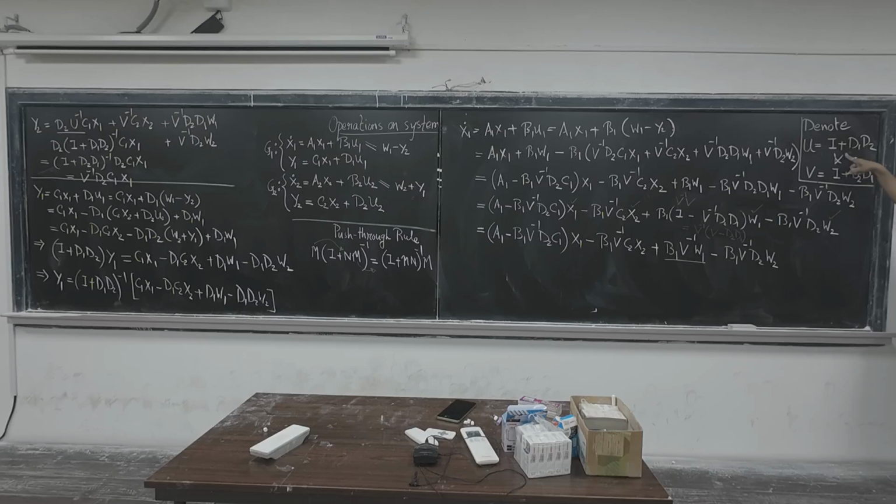So of course d1 d2 and d2 d1 must be square, because the identity matrix cannot be non-square. And this is an addition of two matrices, so its dimension must first of all be square, and then they should be of the same dimension. And its inverse exists by the well-posedness assumption, okay?